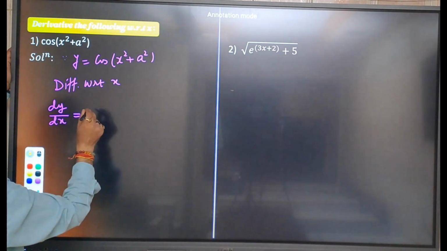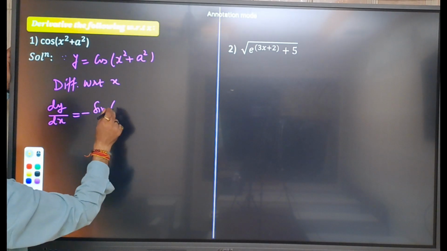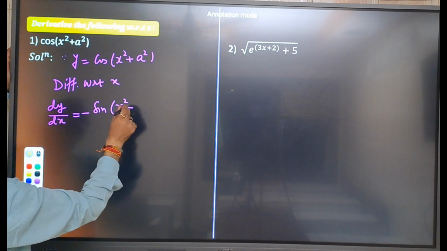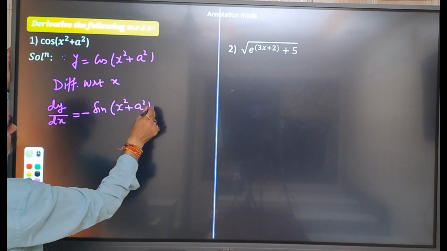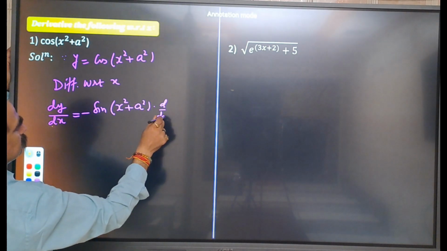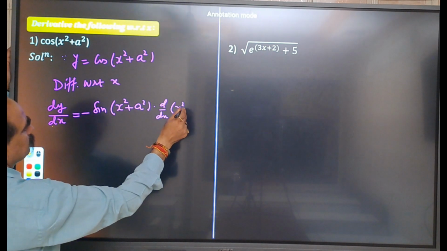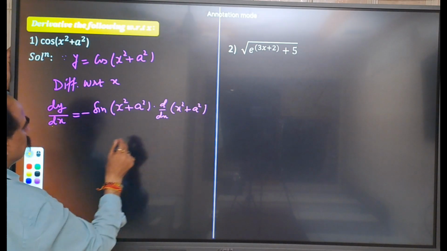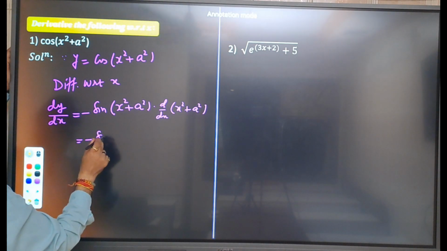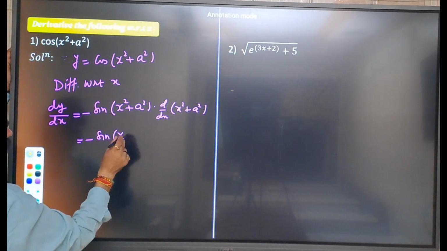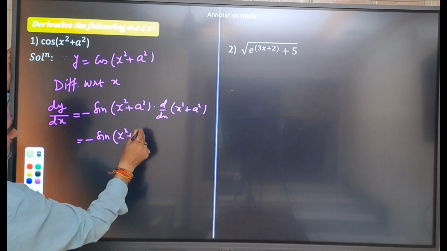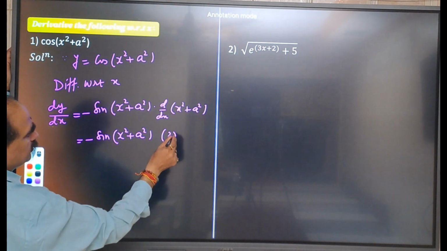Derivative of cos is minus sine, whatever angle is there, keep as it is, into derivative of angle. Minus sine of (x square plus a square) into (2x plus 0).